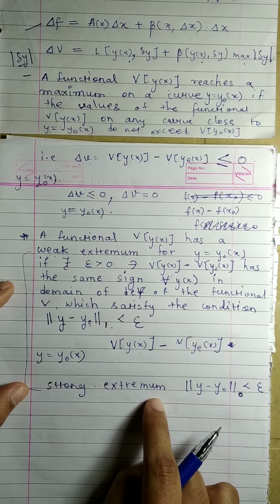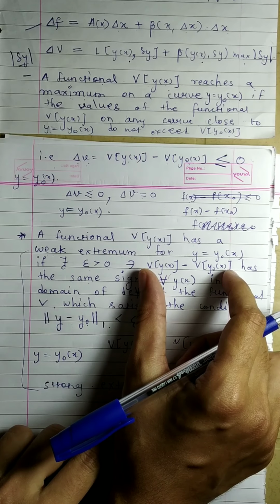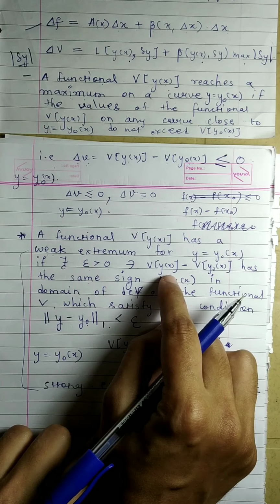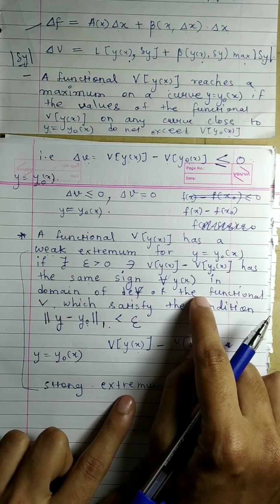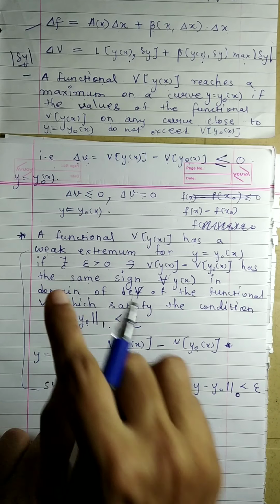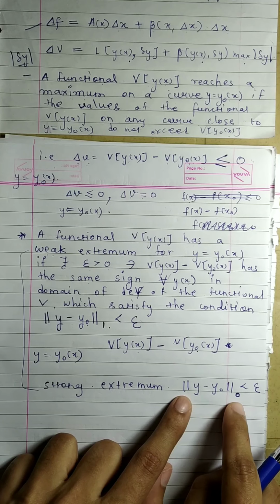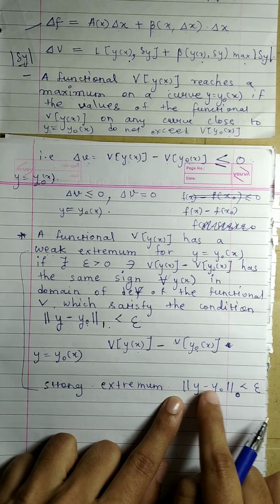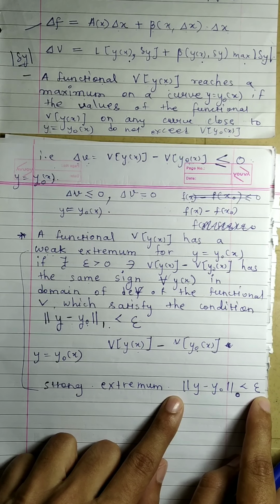Accordingly, we will now define the strong extremum. Strong extremum means that this quantity has the same sign for all the y of x belonging to the domain of definition of the functional v and satisfying norm 0, that is y minus y naught norm 0 less than epsilon.